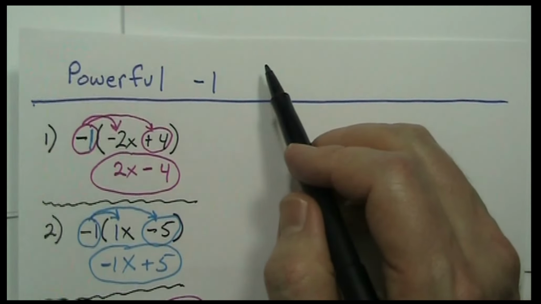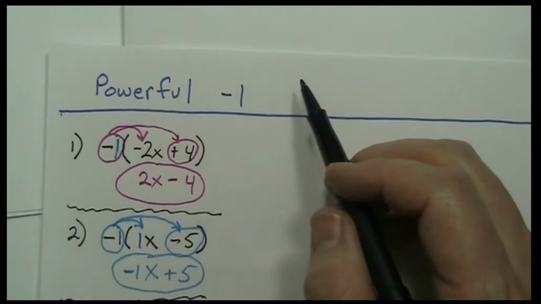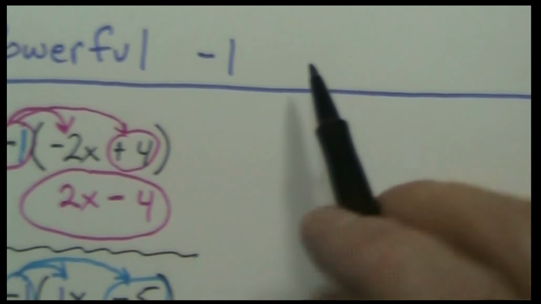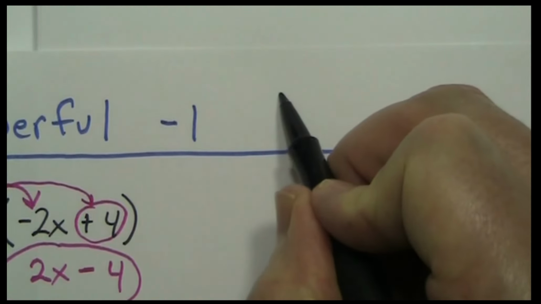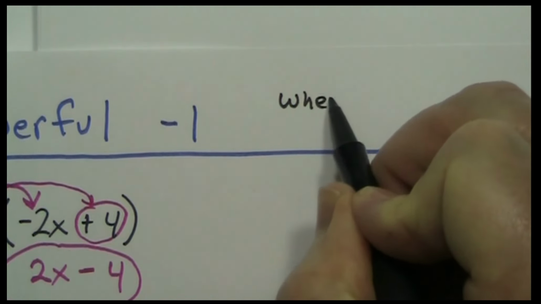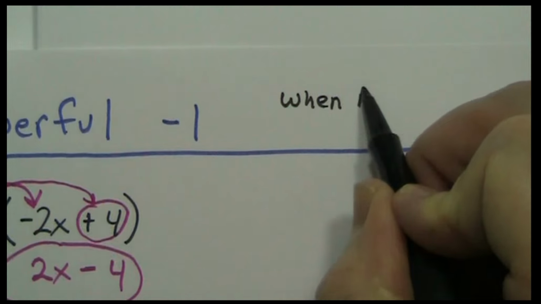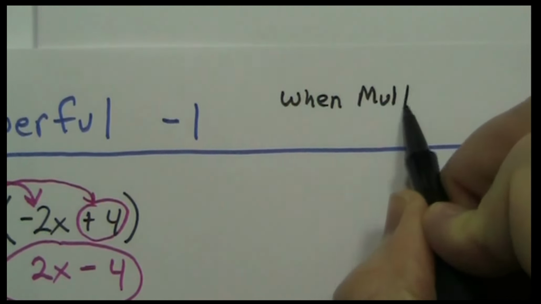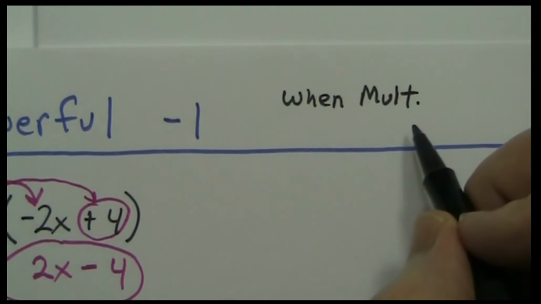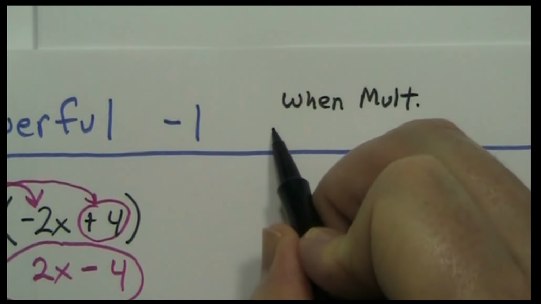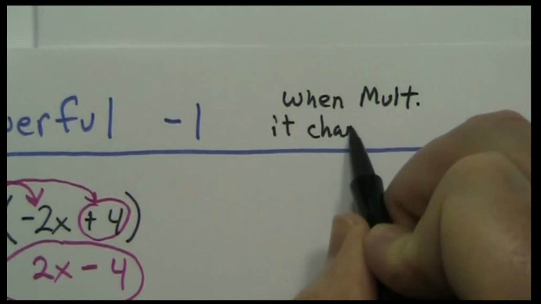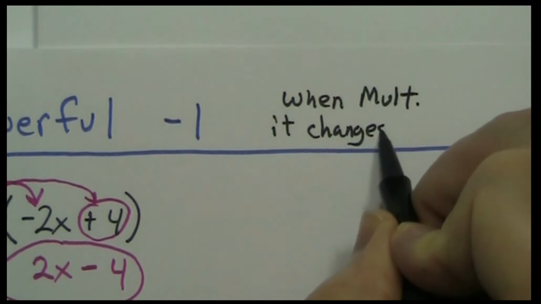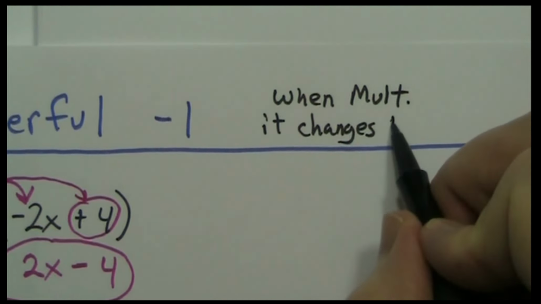Okay, I'm going to write something on the top of the paper. Do the same. This way you can glance at it and remember. And it's this. When multiplying, and I'm going to abbreviate because that's what I do, when multiplying, it being negative 1, it changes the signs.